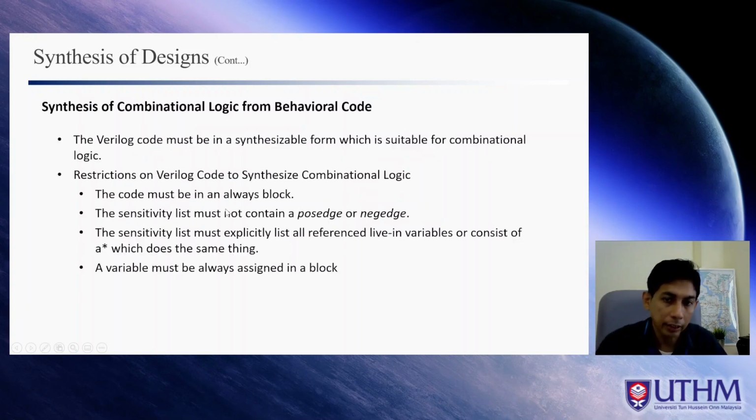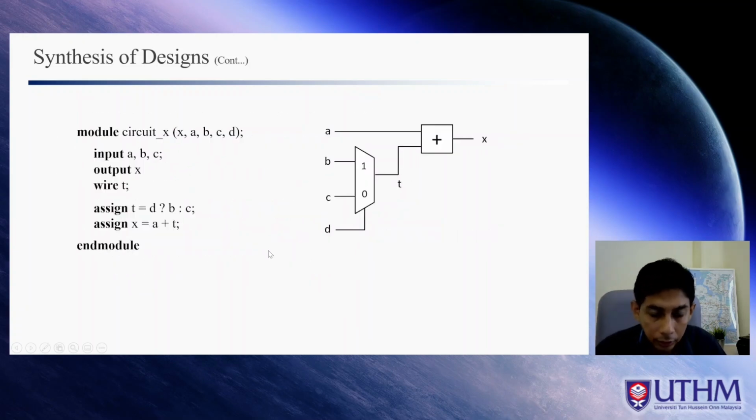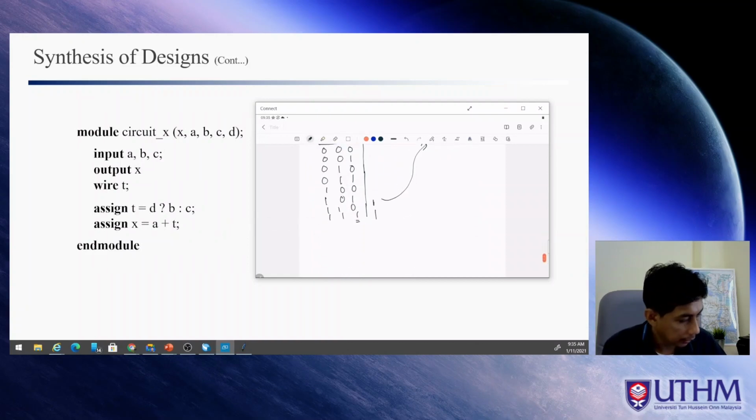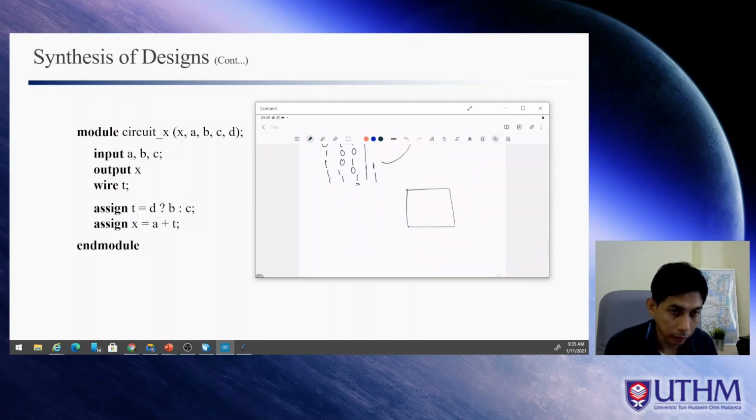Another type of circuit is called a sequential circuit, right? So a sequential circuit is a circuit that has a clock. All right. So for example, if you have a circuit in a block like this, so you have A, you have B, and you have another signal, it's a clock, right?